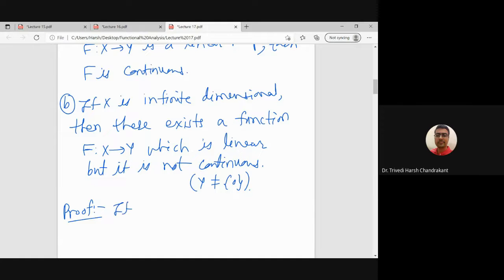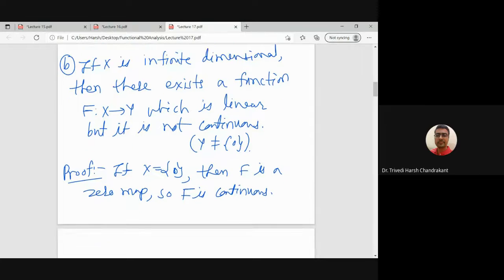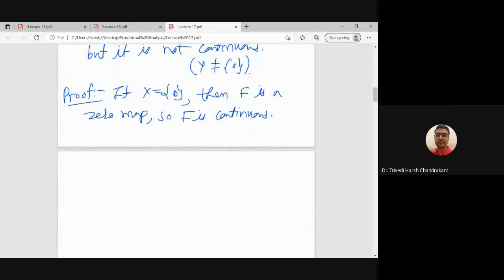If the domain is a zero vector space, then f is a zero map, and the zero map is always continuous. Zero map means it is identically zero function.